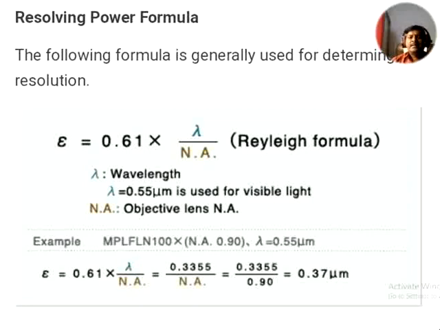That means, how does this 0.3355 come? We put the value 0.55 micrometer, and after multiplication with 0.61 we get 0.3355, and then we put the numerical aperture, 0.90. So after calculation we get the resolving power of the oil immersion objective, 0.37 micrometer.